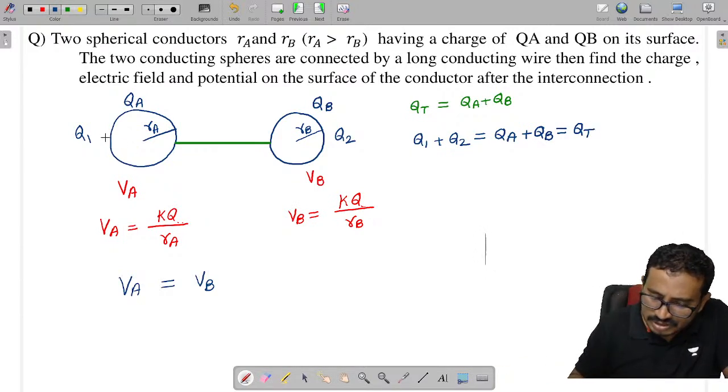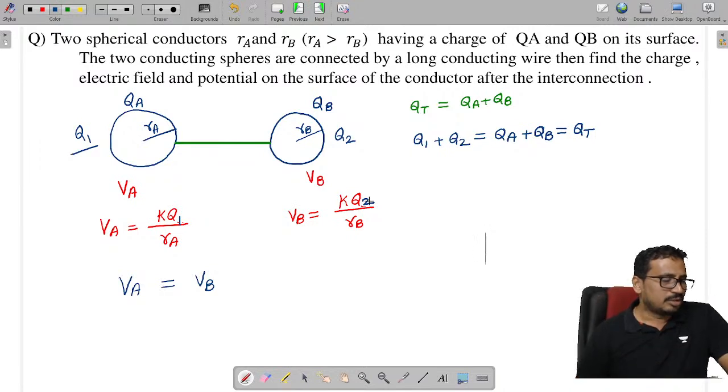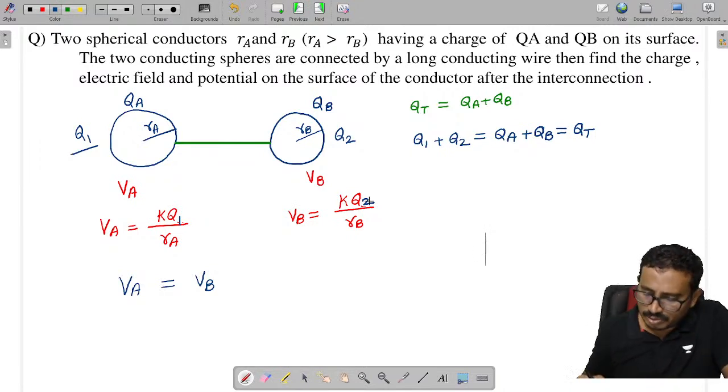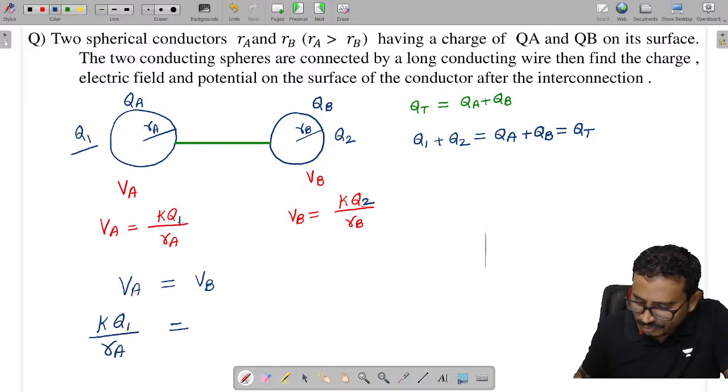If the charge on this sphere is Q1 and on this one Q2, the two potentials must be the same. So K Q1 by RA is equal to K into Q2 by RB.